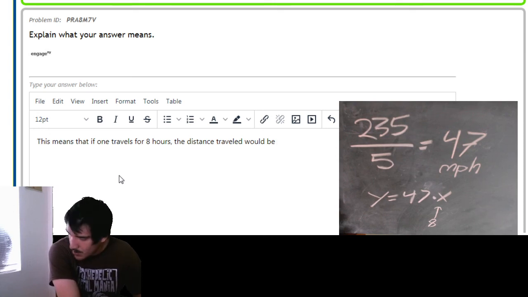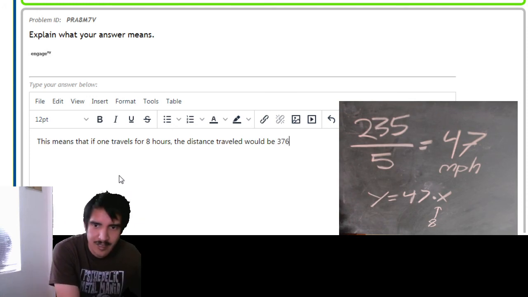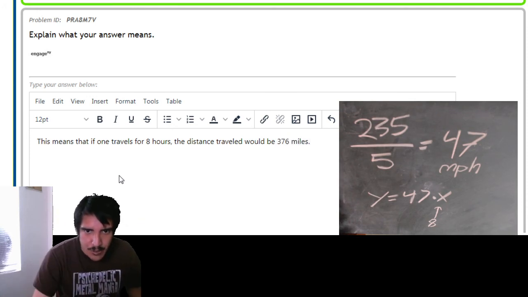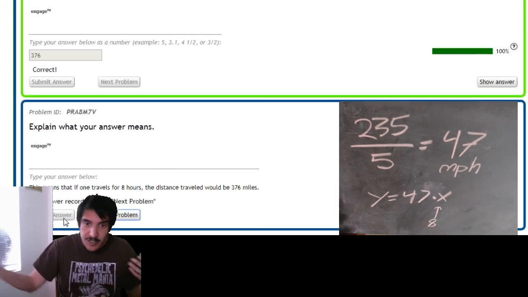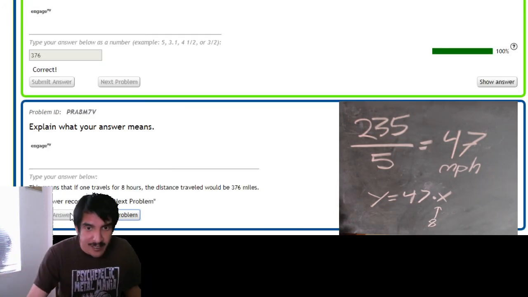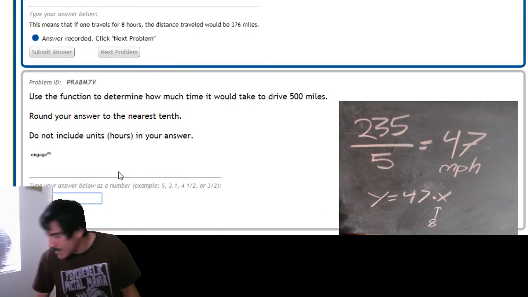What did I write down? 376 miles. Boom. So, again, functions can be numbers, but it's also a story that is being told. So it's good that you're able to explain that.